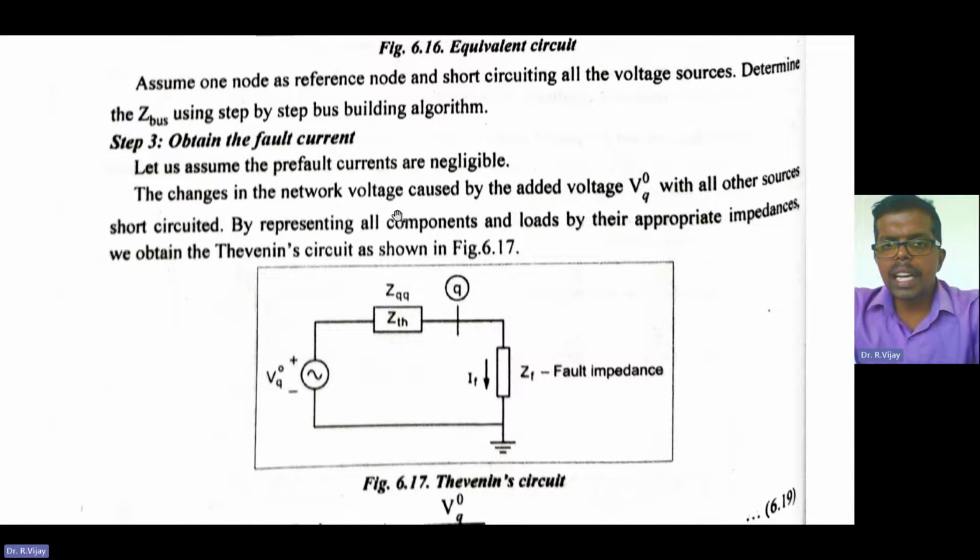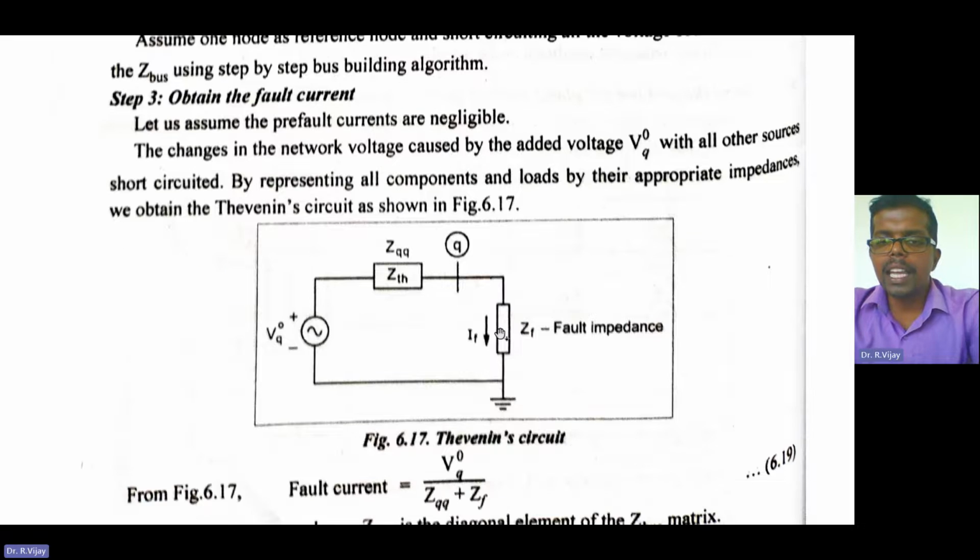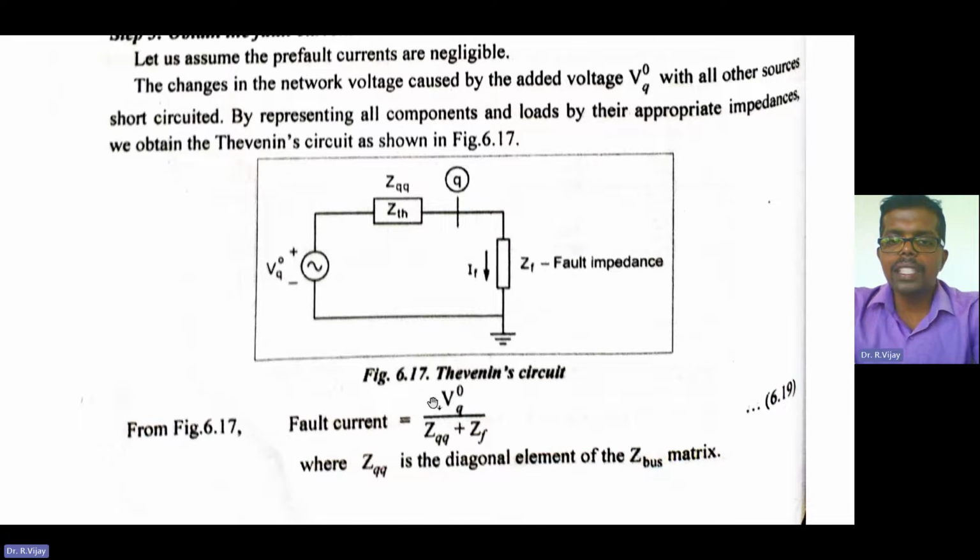Now, the changes in the network voltage are caused by the added voltage VQ naught, with all other sources short circuited, representing all components and loads by appropriate impedances. Using Thevenin's theorem, we calculate the fault current: IF is equal to VQ naught, the equivalent initial voltage, divided by the sum of all the impedances, that is the single Thevenin impedance.